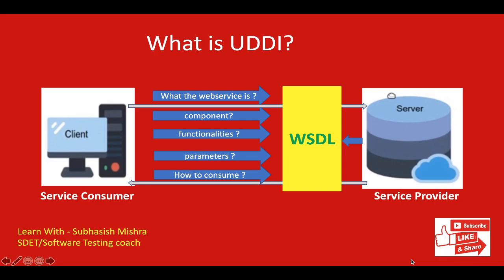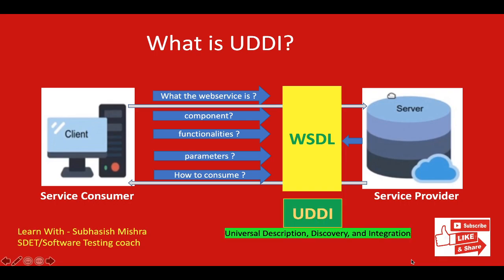In this case, UDDI comes to the picture. UDDI provides a repository on which WSDL files can be hosted. So, the client application or service consumer will have complete access to the UDDI, which acts as a database containing all the WSDL files. UDDI is known as Universal Description, Discovery and Integration.